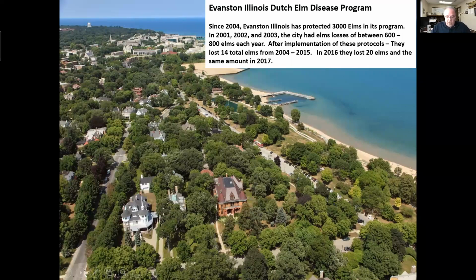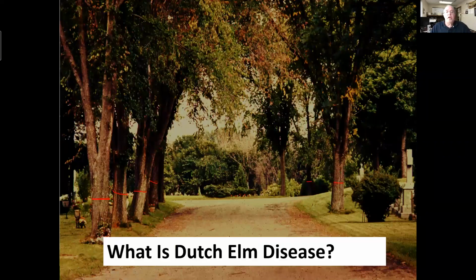So first of all, I want to go through some of the basics, and I know a lot of you guys know a lot of this stuff, but I'm going to just start at the very beginning. What is Dutch elm disease? First of all, it's extremely contagious, and if it's not managed, it will literally wipe out all the elms in a population in 2 to 3 years. It's so contagious, and that has to do with how the beetle spreads the fungus.